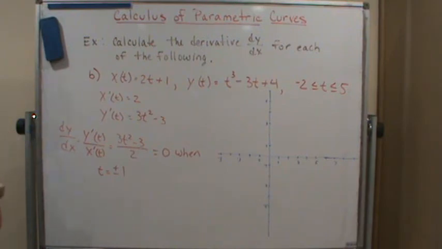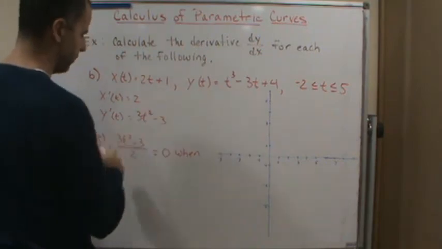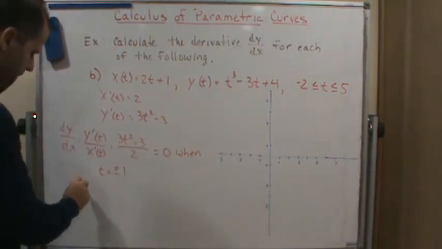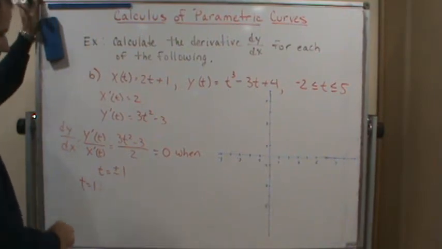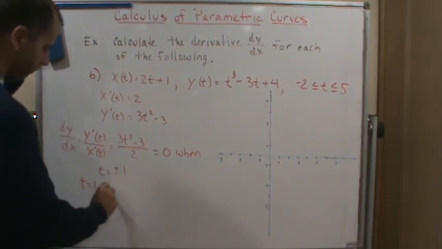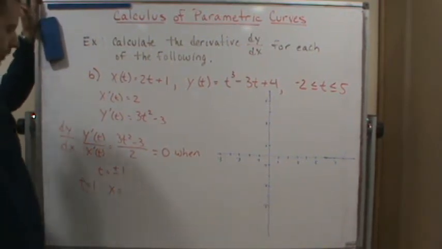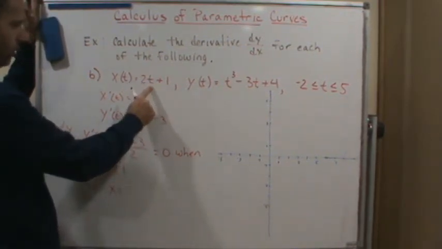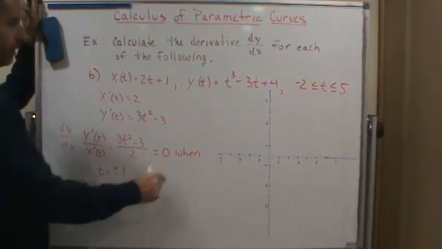So now what we're going to do is plug plus and minus 1 into these values. Let's do 1 first. So t equal to 1. What do we get for x? Well, if t is equal to 1, we get 3. x is equal to 3. And y is equal to what?